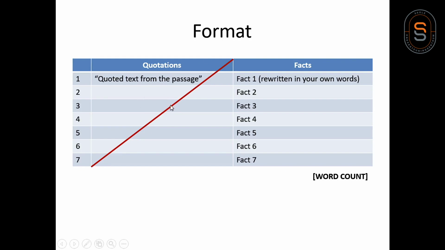Otherwise, this will be marked. The marker must mark the first summary that you've written down. If this was not crossed out, the quotations will be marked and you will not receive the full marks as you would have gotten if they marked your final.